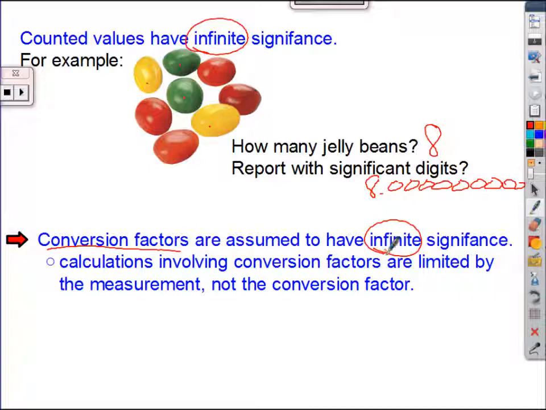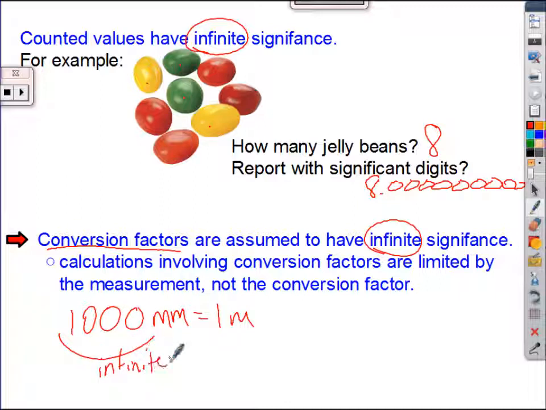And we'll talk about that more when we talk about conversion factors or calculations. But something like this has infinite significance, not 1 because of the zeros and no decimal. Consider infinite significance because it's a conversion factor.